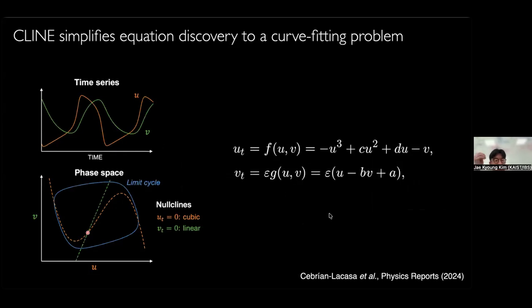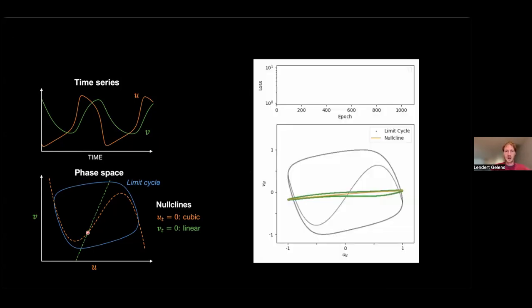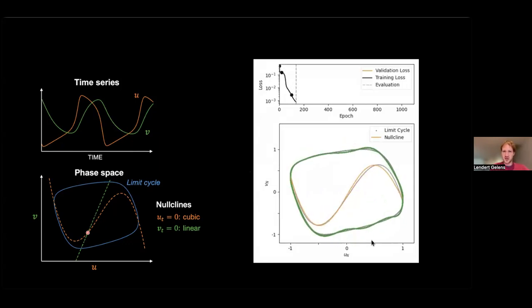So we demonstrate this here on the FitzHugh-Nagumo equation. It's a prototypical relaxation oscillator, and it's built on a bistable switch as well, so it's very similar to the cell cycle oscillator we started with. Here I'm just showing an animation which shows the training loss. As we train, the network gradually separates the limit cycle from the null lines and converges on the correct geometry.